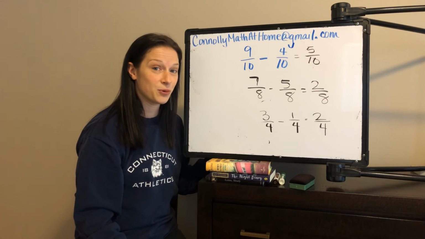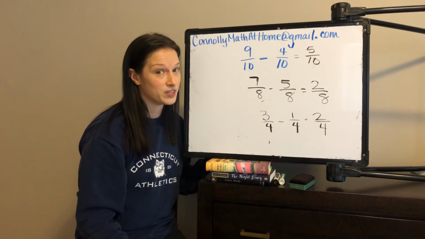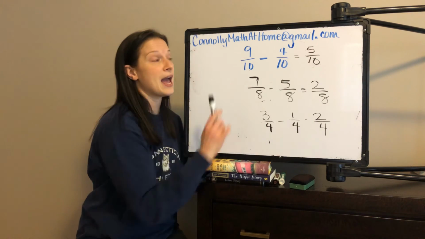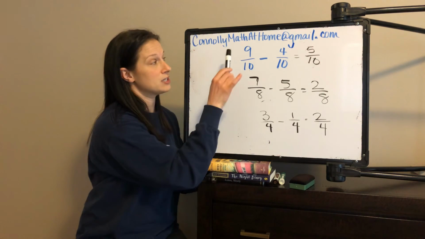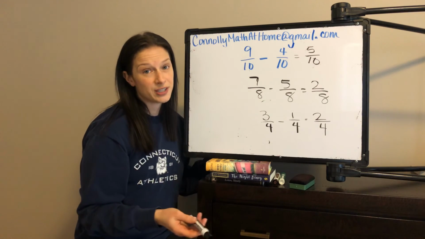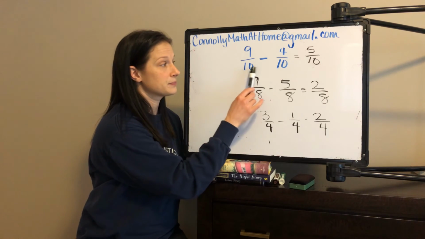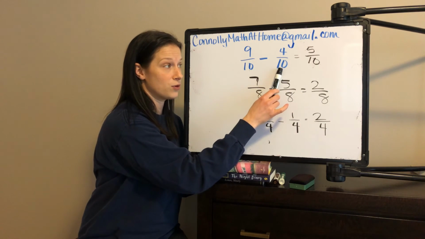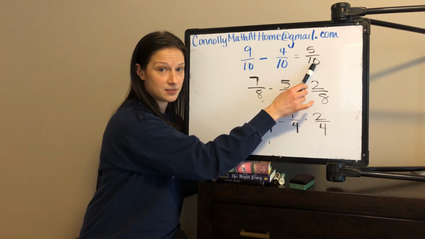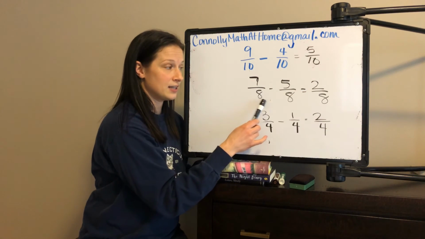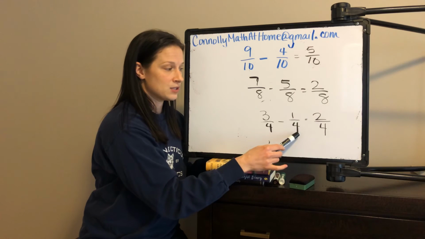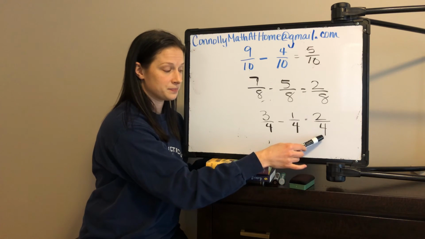So something that's important to understand is what's happening with the denominator, which is the number on the bottom, and what's happening with the numerator, which is the number on top. So let's just look at the denominator each time. What'd you notice? 9/10 minus 4/10 is 5/10. 7/8 minus 5/8 is 2/8. 3/4 minus 1/4 is 2/4.